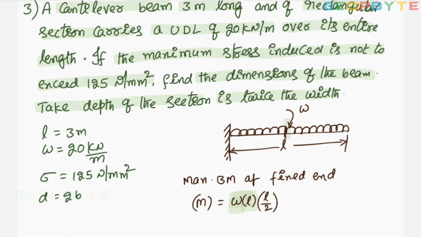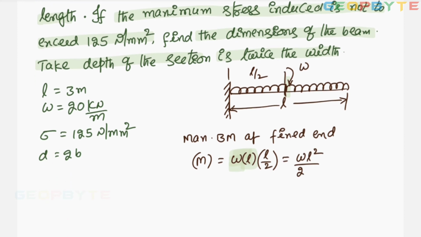From the middle point to the fixed end, the distance is L by 2. So it is equal to W L square by 2. So if a cantilever beam is subjected to UDL over its entire length, the maximum bending moment occurs at the fixed end with a magnitude M equal to WL square by 2.